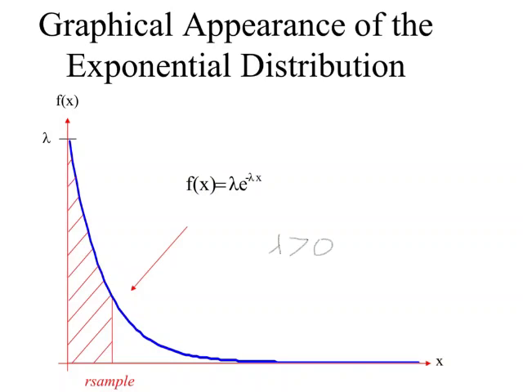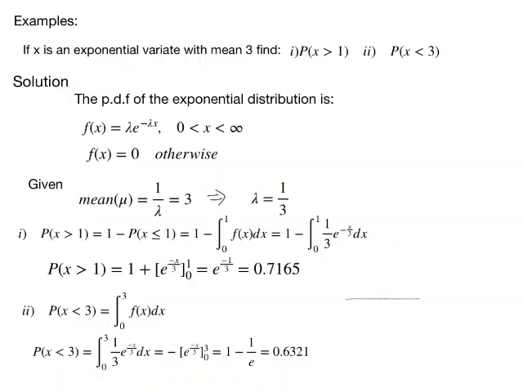Now consider an example where it is given: if x is an exponential variate with mean 3, find the probability of x greater than 1. That is the first case. Second case, probability of x less than 3. Now first, all of you should remember the exponential distribution.